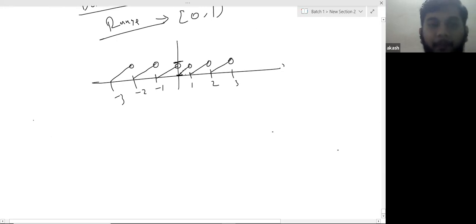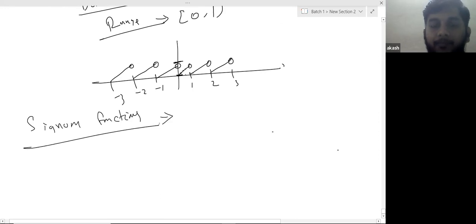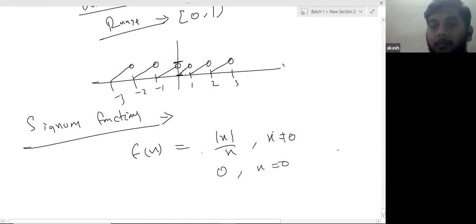Signum function. Definition of this function is f of x equals mod x upon x when x is not 0, and 0 when x is 0.